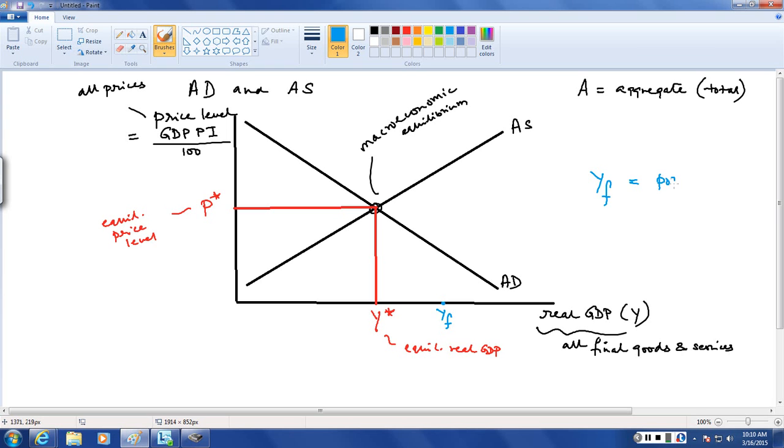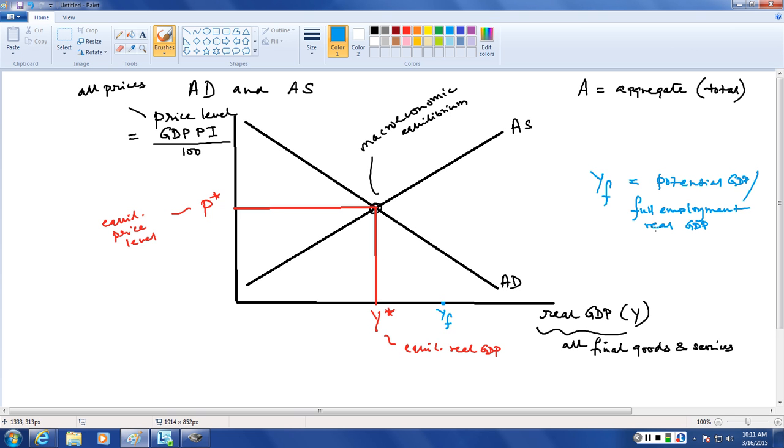That is the economy's potential GDP, also known as full employment real GDP. Now in this diagram, we've marked YF, potential GDP, to the right of the current equilibrium real GDP.